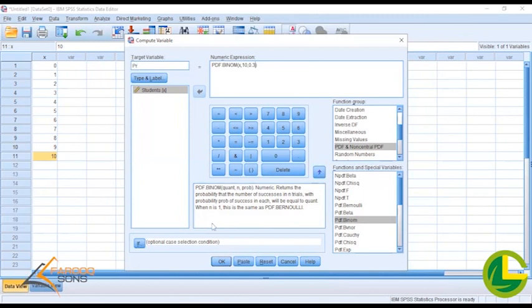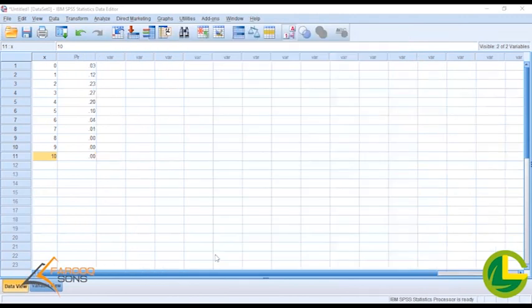When you click OK, you are giving the command and everything is done. It shows execute, meaning when you give the command, it executes that, and your answer will appear on the spreadsheet.